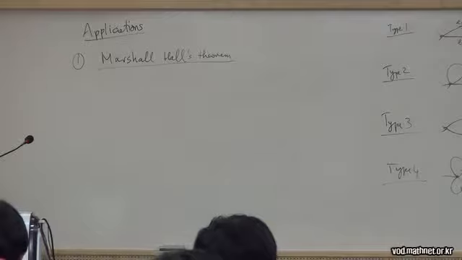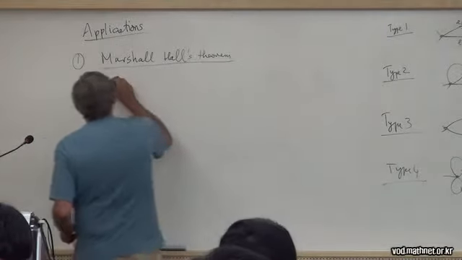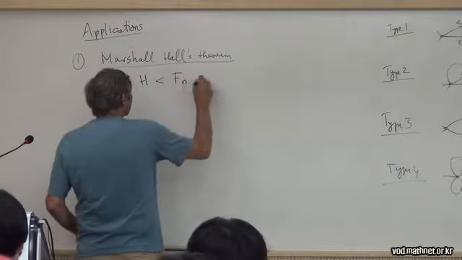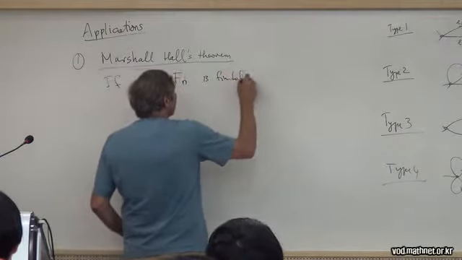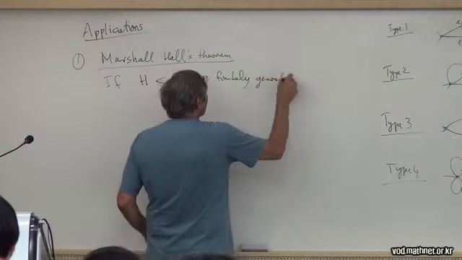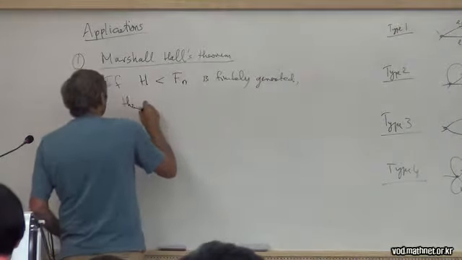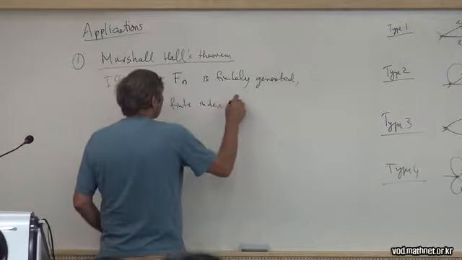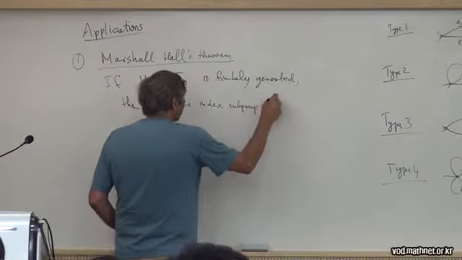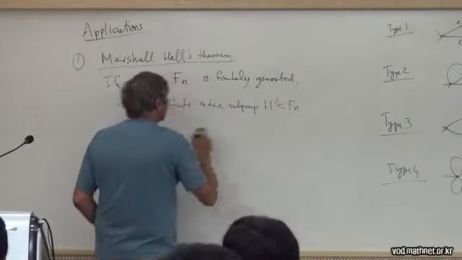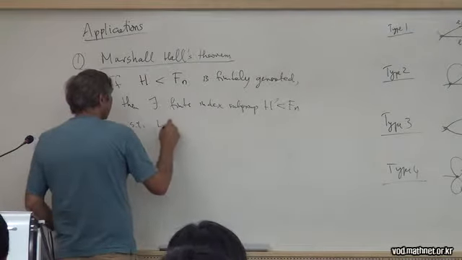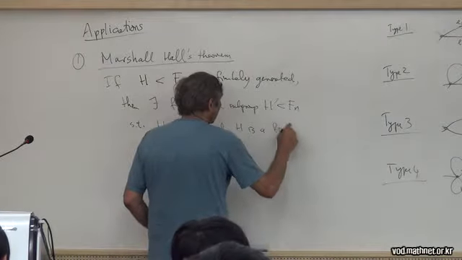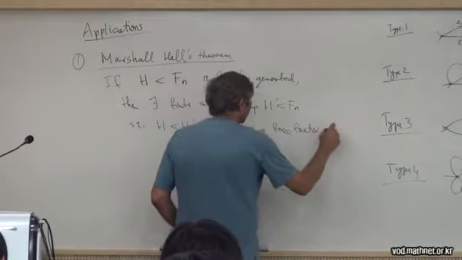Given, if H is a finitely generated subgroup of Fn, then there exists a finite index subgroup H prime in Fn such that H is contained in H prime, and H is a free factor in H prime.